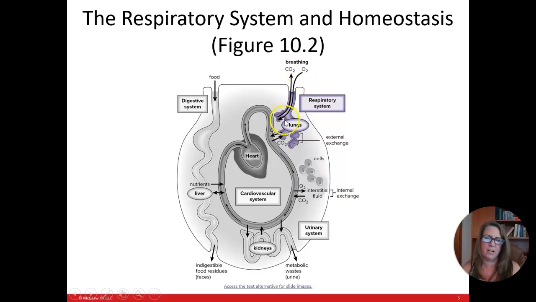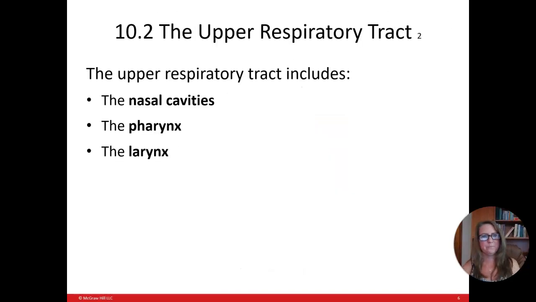This is our external exchange here. And then when we go to the cells down here, we see the oxygen being dropped off and the CO2 being picked up. This is the internal exchange. And of course, the cardiovascular system is just acting as the transport system to transport that oxygen, and then after it picks up that CO2, to transport that CO2.